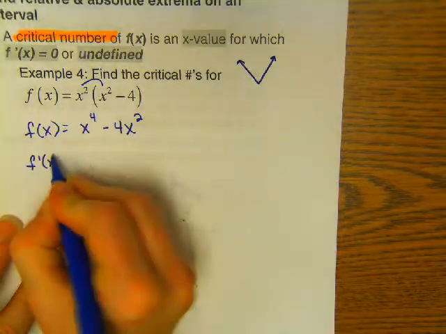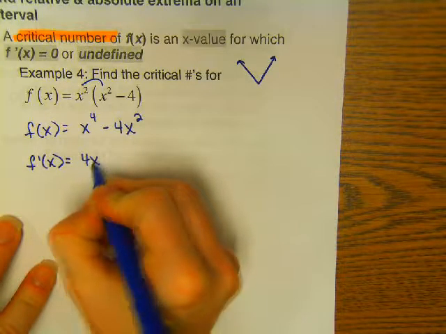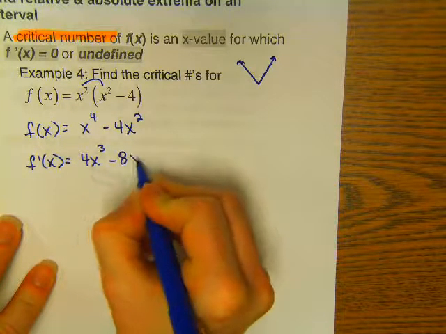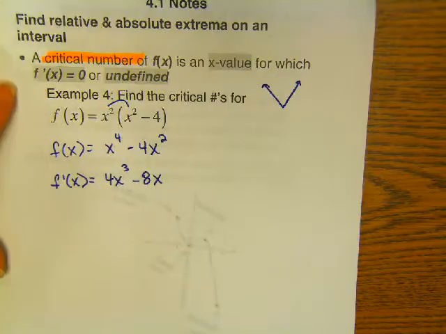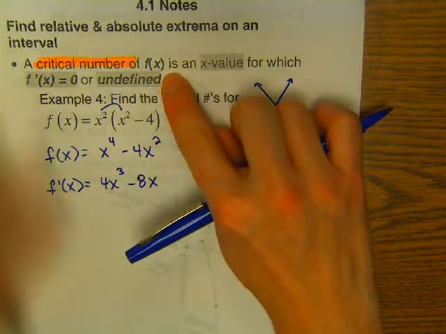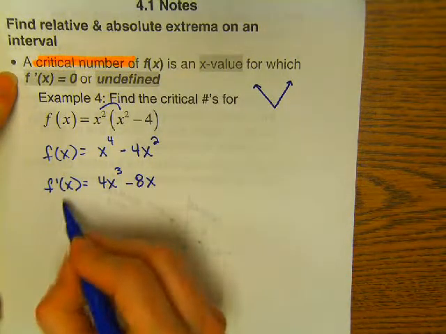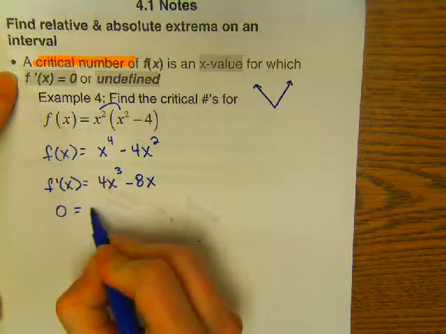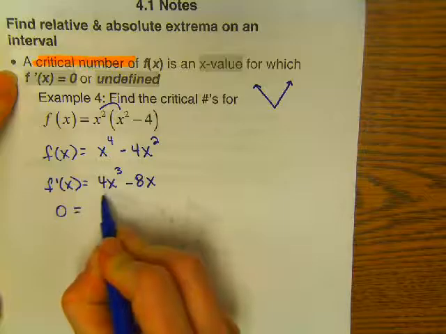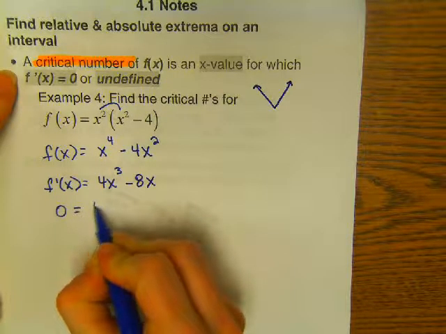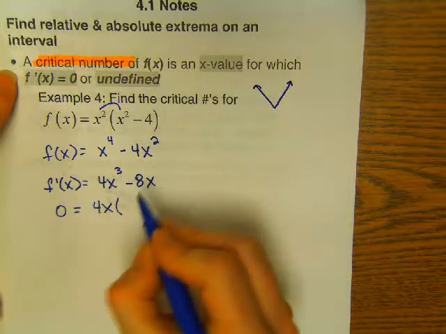Okay, and remember, to find critical numbers, we're trying to find where the derivative is undefined. We already talked about this is not undefined anywhere, or that it's 0. So I'm going to set this equal to 0 and try to find them. To do that, I'm going to factor out a 4x, and I'm left with x squared minus 2. So I set these things then both equal to 0.